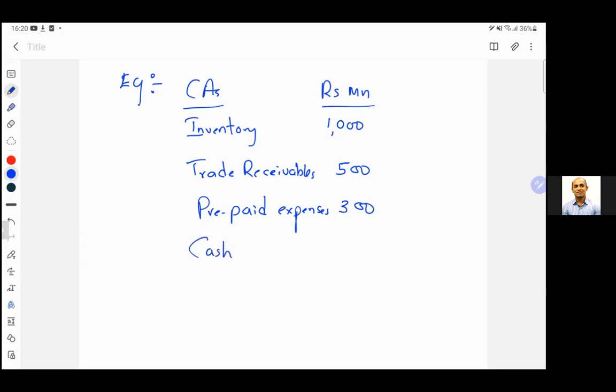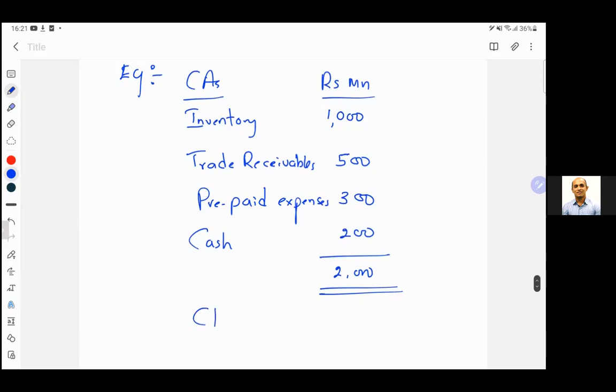There's no cash equivalent, only cash, 200. Total current assets, 2000.